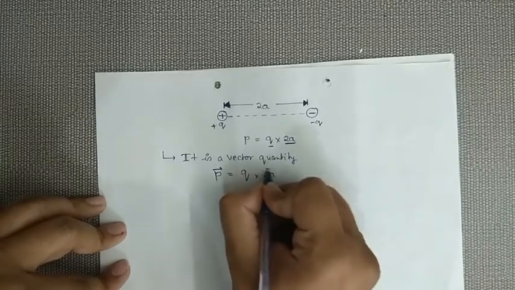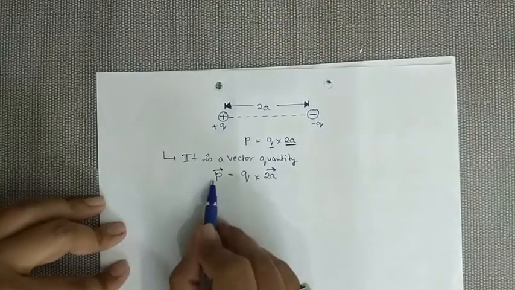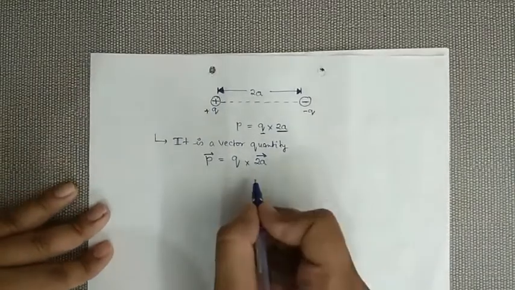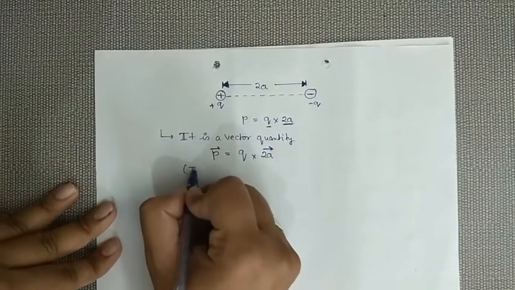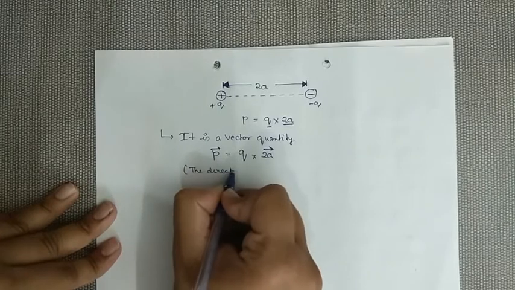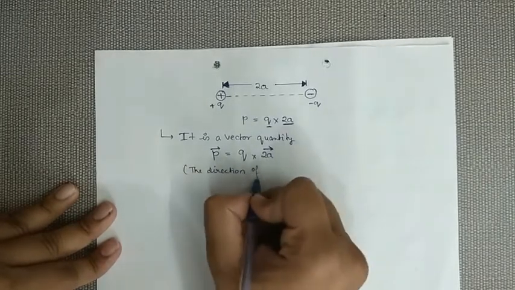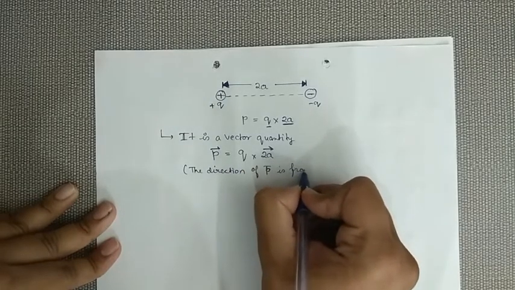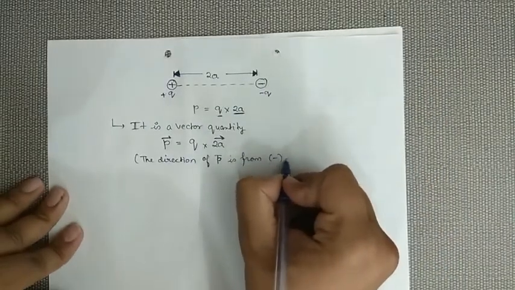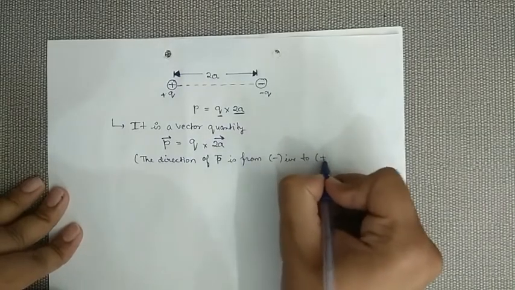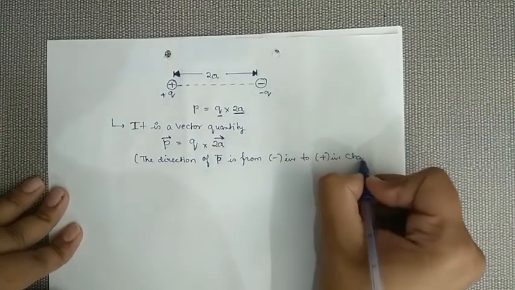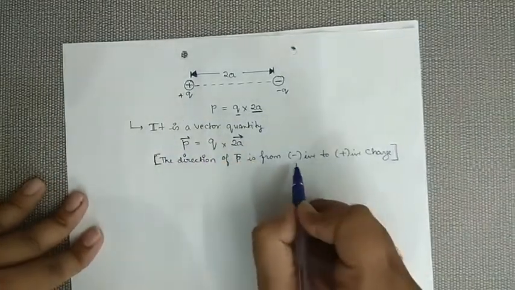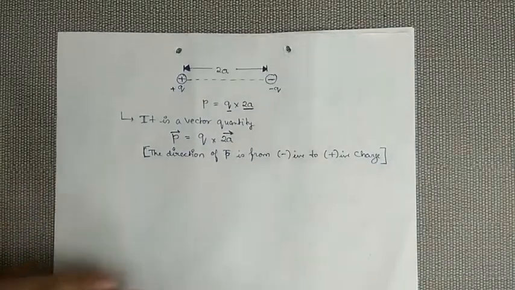So P equals Q into 2a, where 2a is represented in vector form, which means the direction of this dipole moment is from negative to positive charge. In physics, the direction of dipole moment is considered from negative to positive charge.